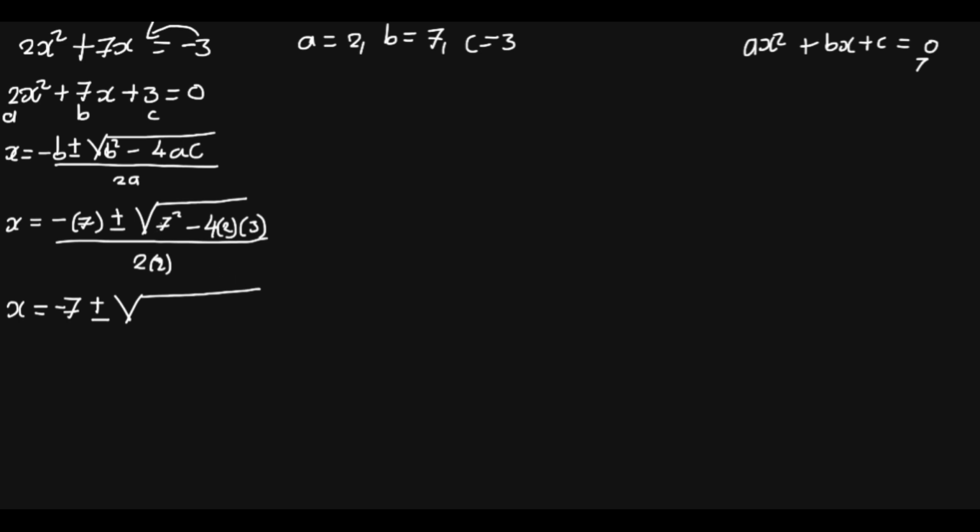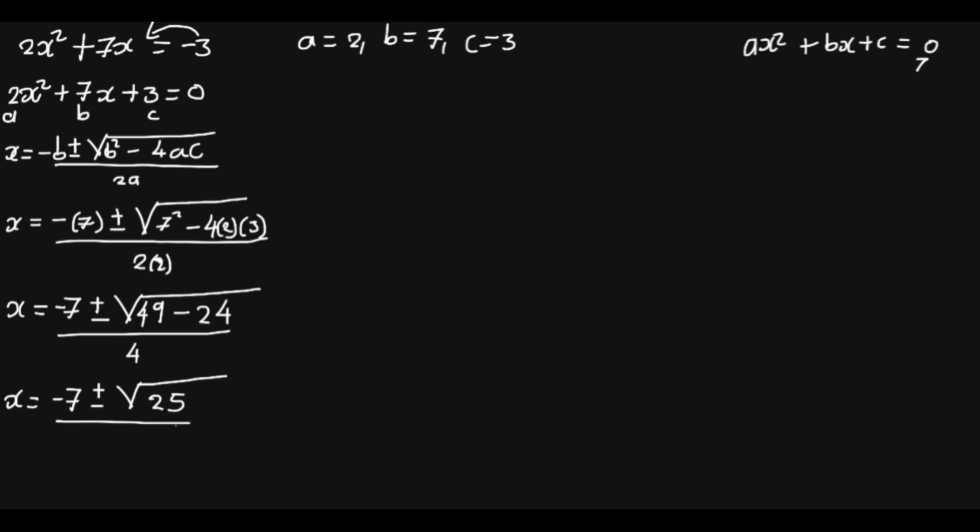So 7 squared is 49 minus 4 times 2 is 8, times 3 is 24, over 2 times 2, we have 4 in the denominator. So let's simplify the numbers below the root. 49 minus 24, we get 25.